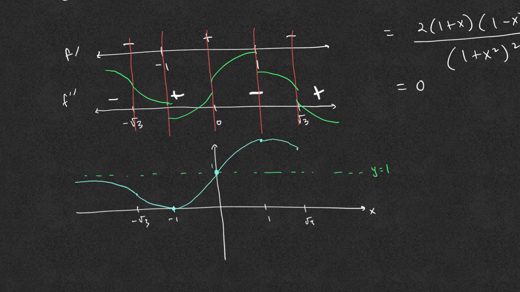From root 3 to infinity, the function is decreasing and concave up, and it should stay close to the horizontal asymptote. From looking at the graph, it should be clear whether the function is increasing or decreasing. So on the left hand side, we might want to fix this so that it doesn't look like it is increasing.